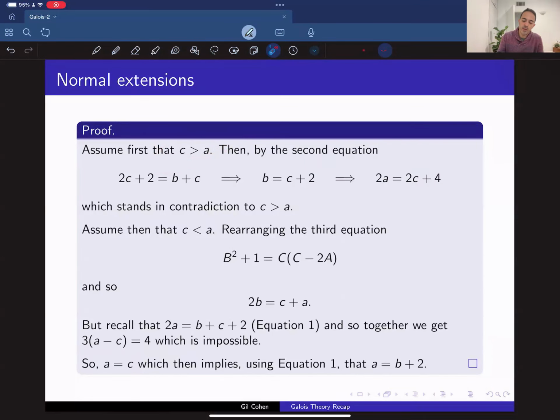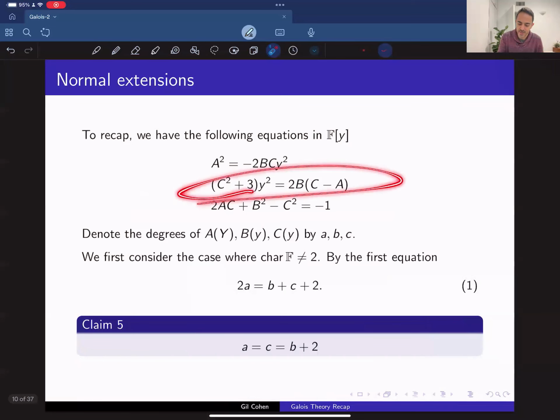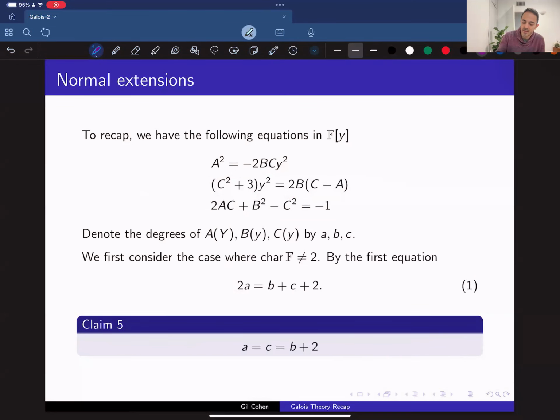Okay, and now if you look at the second equation, under this assumption that c is larger than a, so that's the second equation. So let's write it here. This means that because c is larger than a, the degree of this is actually c, right? Because a cannot possibly affect the degree when the degree of a is smaller than the degree of c. And so the degree on the right-hand side is b plus c, because of this b, and this 2 doesn't matter, because the characteristic is not 2.